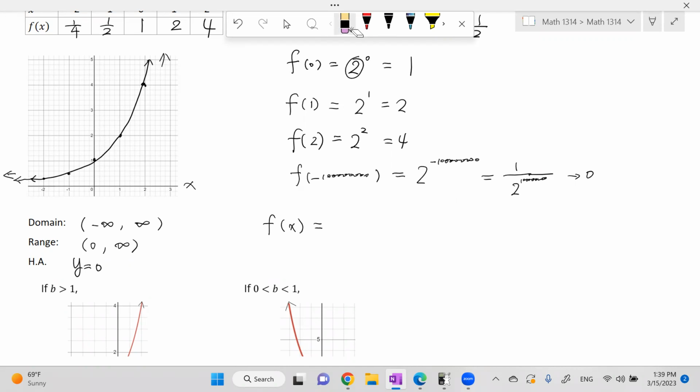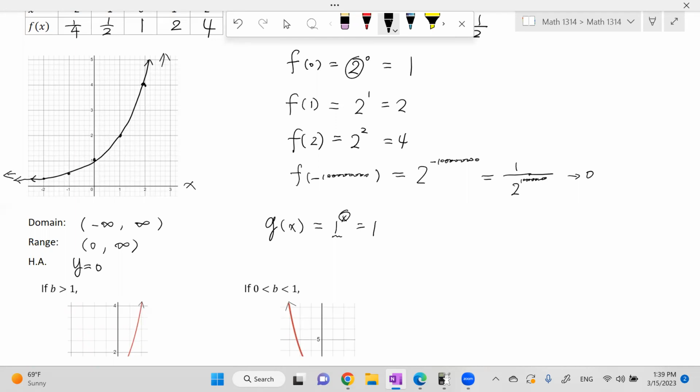So let me use a different symbol. G of x equals 1 to the x. The x can be any number, negative 1,000, 1,000, and it will not affect the output value. It will be 1 all the time.